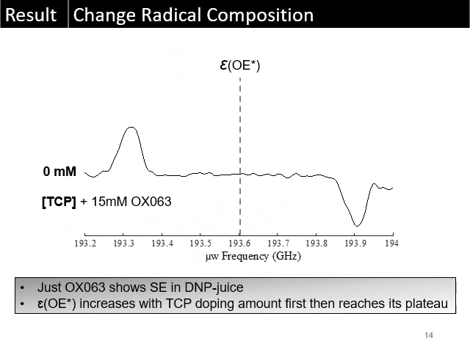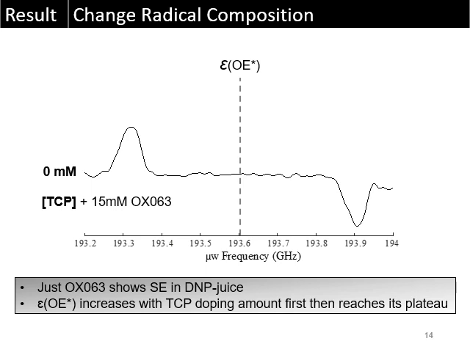Then we were wondering where the Overhauser effect enhancement comes from. Does it come from trityl itself, or from the TCP trityl mixture? So we changed the radical composition and obtained different frequency profiles. Without adding any TCP, trityl itself only shows the solid effect.